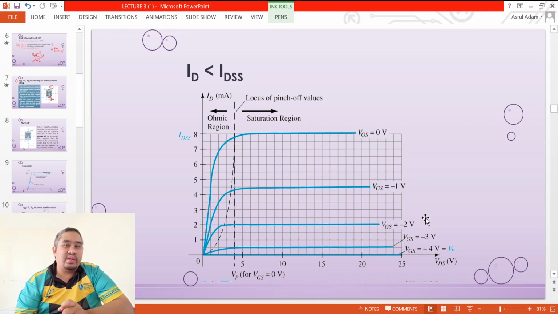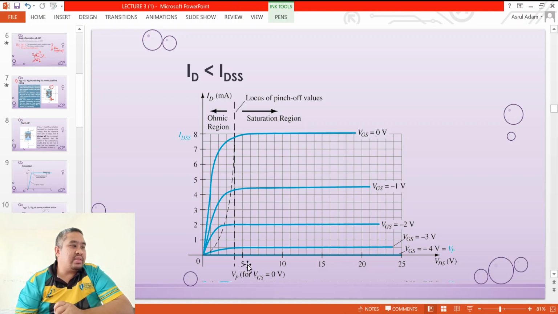And then what happens when we reduce again the value of VGS to -2 volt? Our VP becomes a lower value, the same as our IDSS value, until our IDSS becomes 0, and our VGS becomes equal to VP.